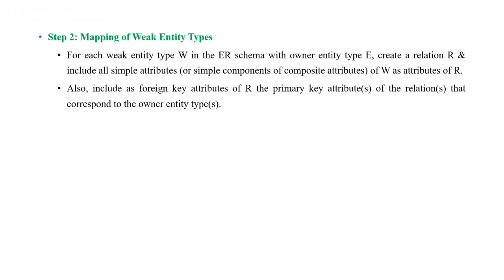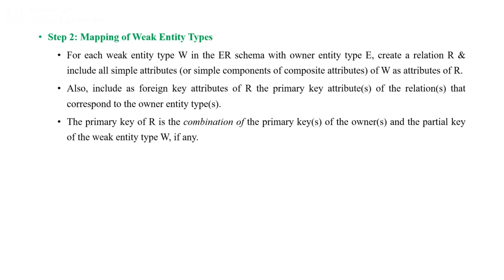Here, in the weak entity type there is no key of its own. Therefore, the primary key of the owner will act as a foreign key attribute for the corresponding weak entity type. The primary key of R is the combination of the primary key of the owner and the partial key of the weak entity type W, if any.